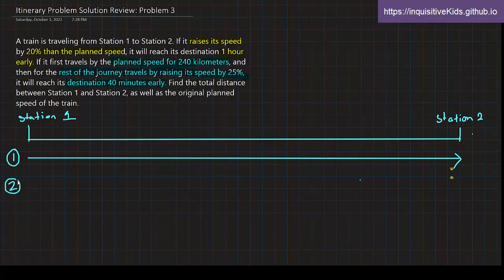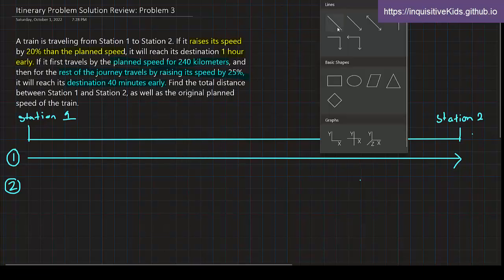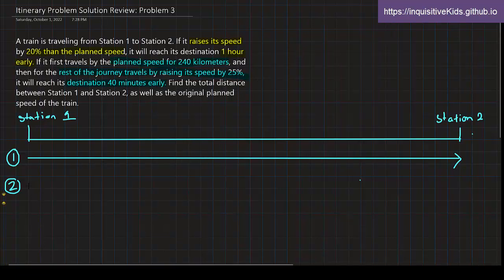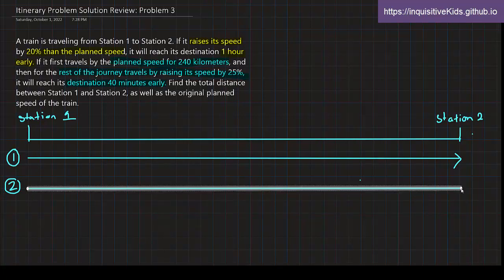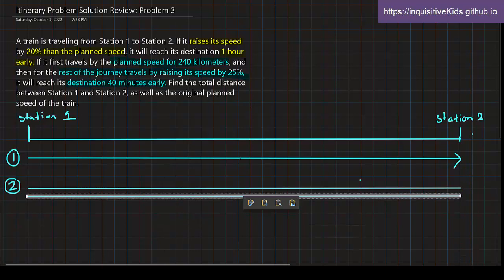And then we have number 2. Number 2 here is if it raises its speed the entire way by 20%. Whenever something is raised, I like to double it, make it a double lined sort of thing to show that its speed is being raised.